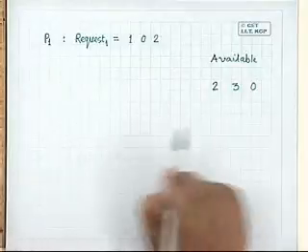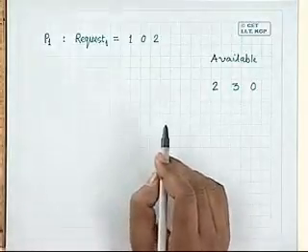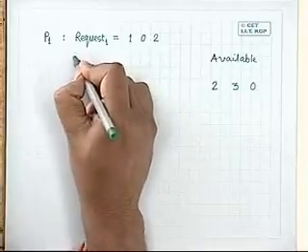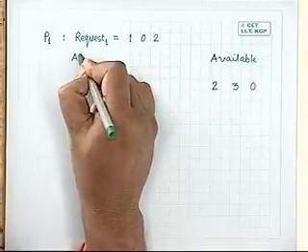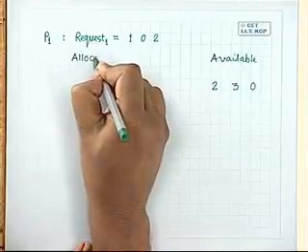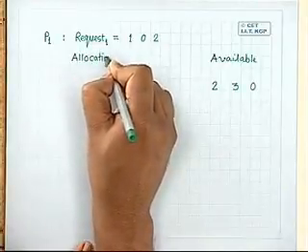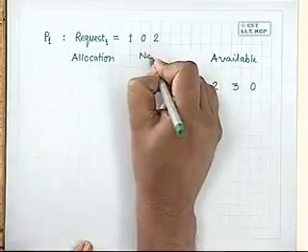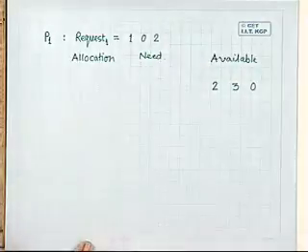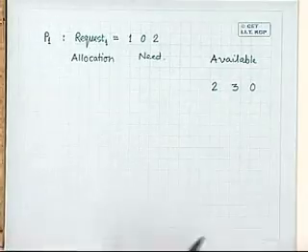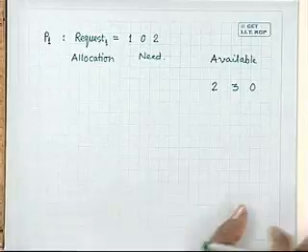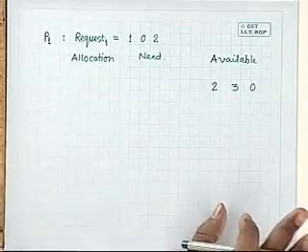Then the other data structures which will be modified are allocation and need. The resources are allocated only to process P1, so only allocation of P1 will be changed. Others will remain the same.